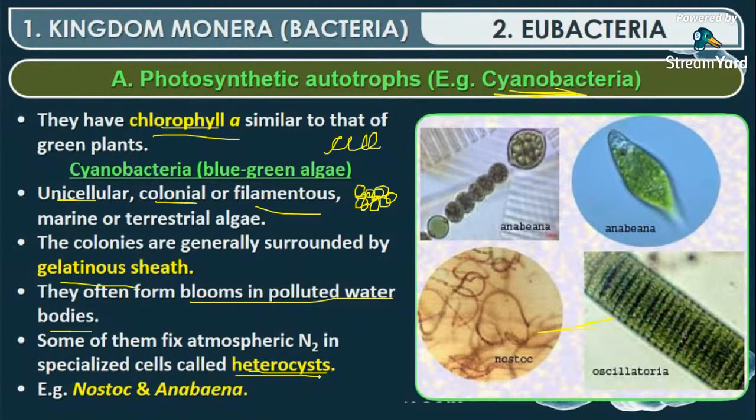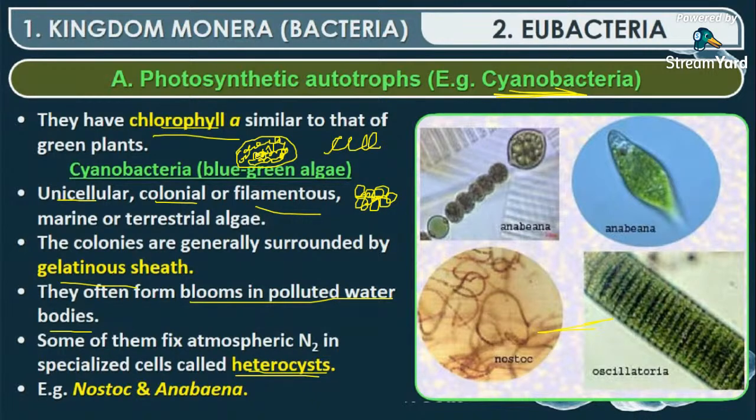How does a gelatinous sheath look? It's just an outer covering, as usual we have a covering, and that is what is said to be a gelatinous sheath. This outer covering encloses all the colonies.